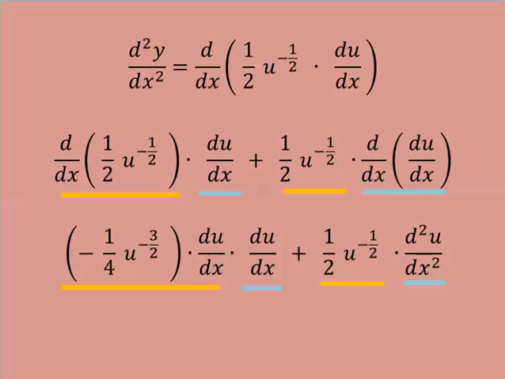And then I have u to the negative 1/2 minus 1. And then, because u is a function of x, I have to add on the chain rule times du dx. And you notice there's another du dx from the first derivative that I took, but that's marked blue because that's just a copy of the line above it.